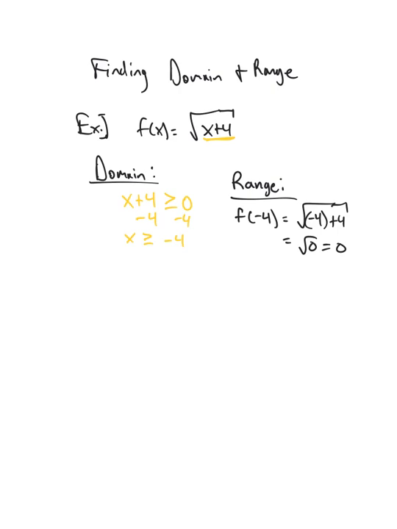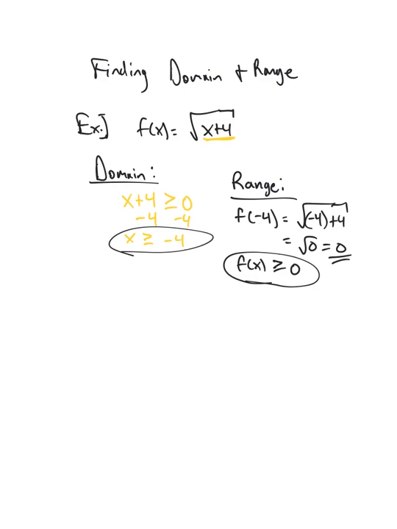So f of -4 is 0. So that 0 is the lower limit for our range. Lower limit meaning f of x has to be greater than or equal to 0. So that is finding domain and range of a square root function.